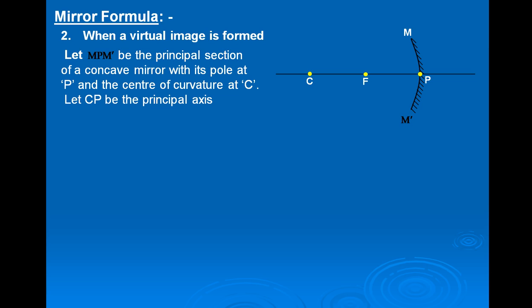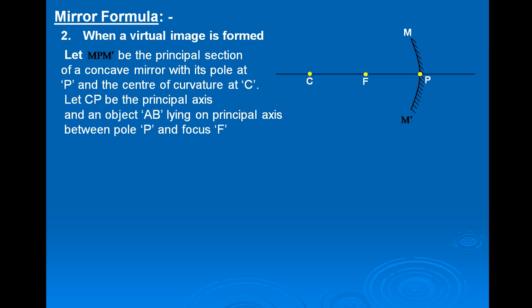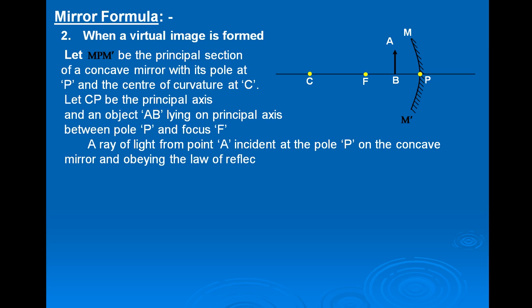This point F is the focus of the concave mirror, and object AB lies on the principal axis between pole P and focus F. A ray of light from point A incident at the pole P and obeying the law of reflection after reflection passes along PQ.